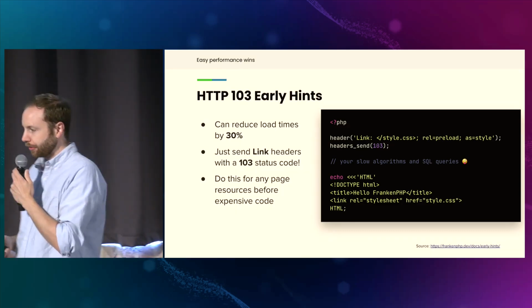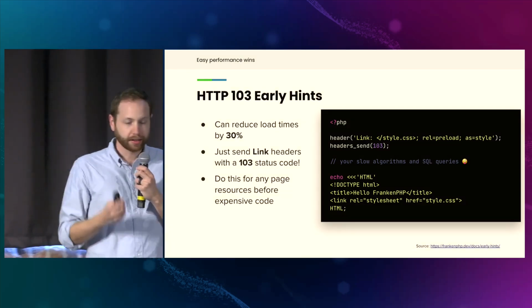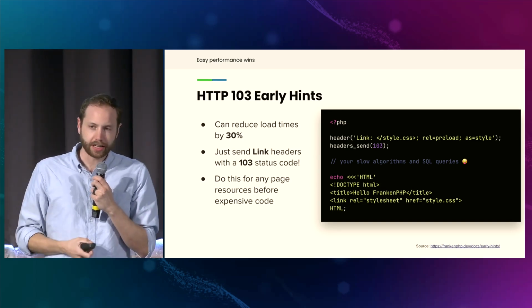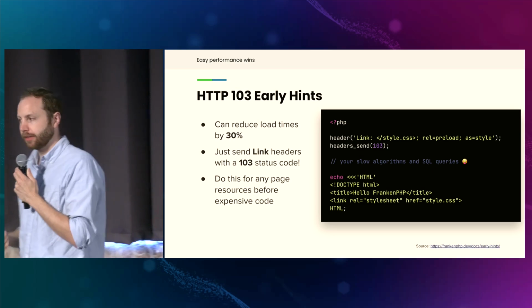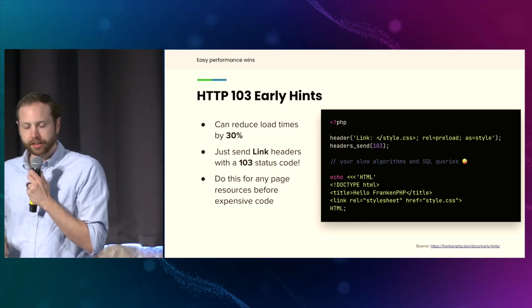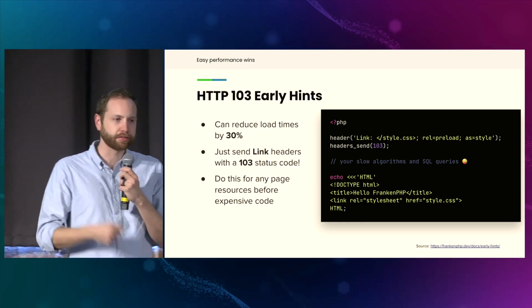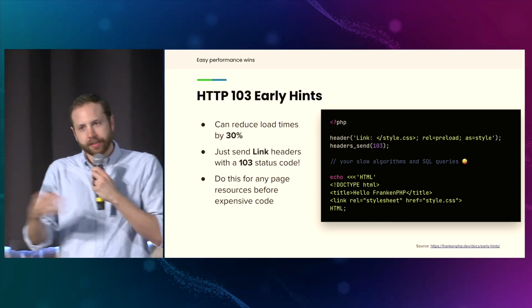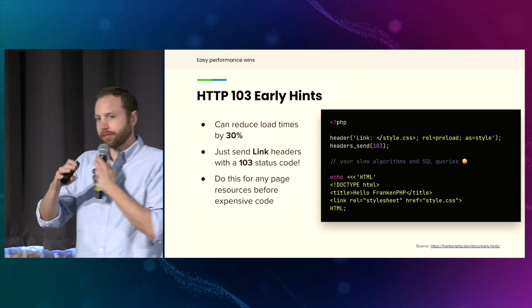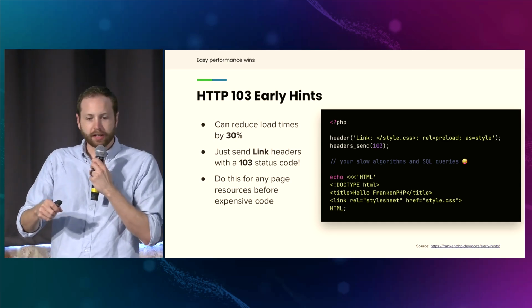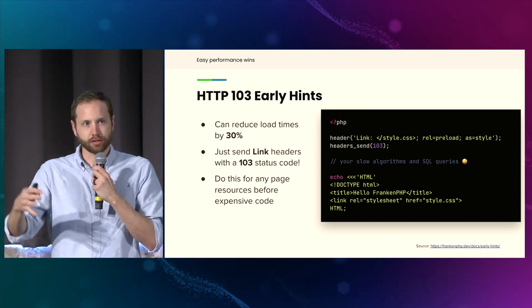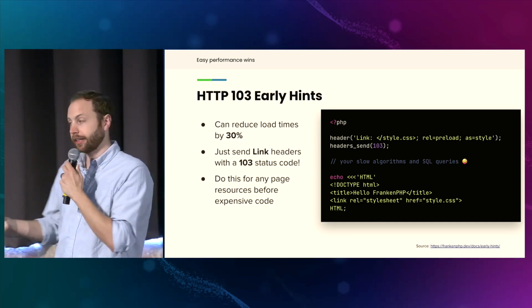Okay, clicker's working. So next, I would suggest that you look into using HTTP 103 early hints. So this is a status code that allows you to send headers before you send your content. What's special is that you send this status in addition to headers later on.